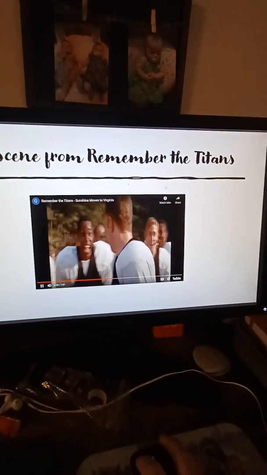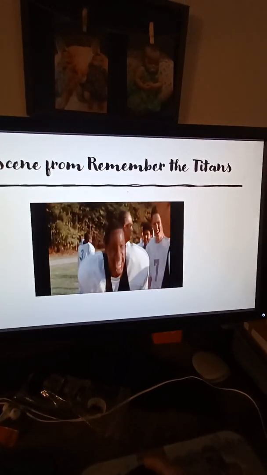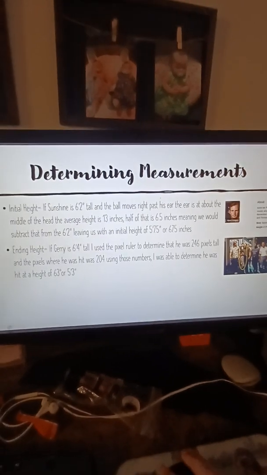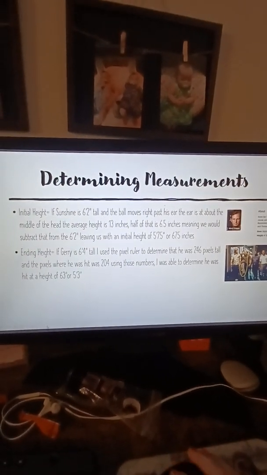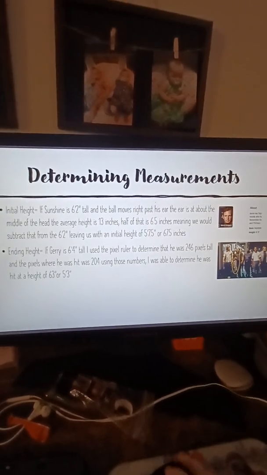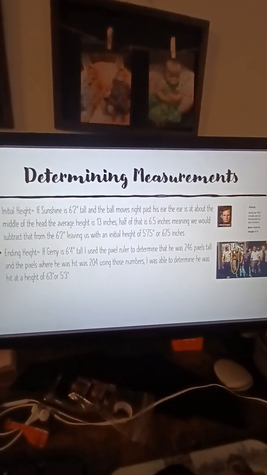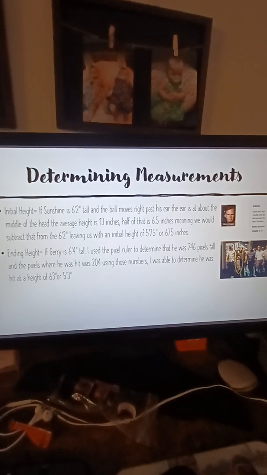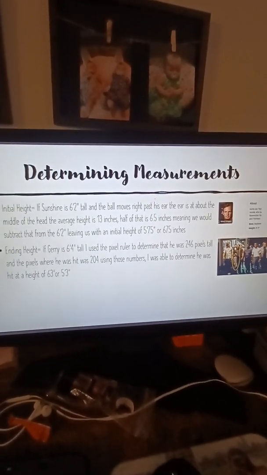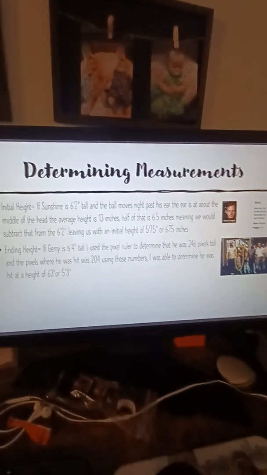And so that throw was the throw that I chose to evaluate. So the first thing I did was I started to determine my measurements. So for my initial height, the actor that played Sunshine is 6'2" tall, and the ball moves right past his ear. The ear is about the middle of the head.